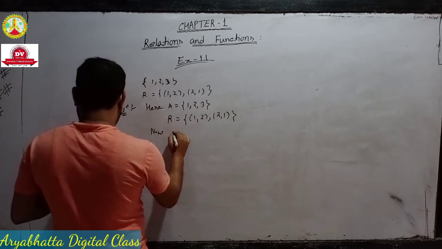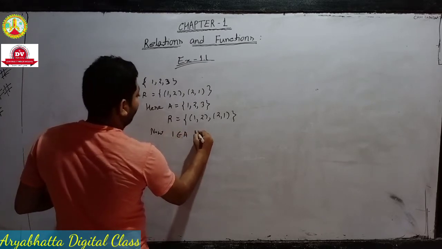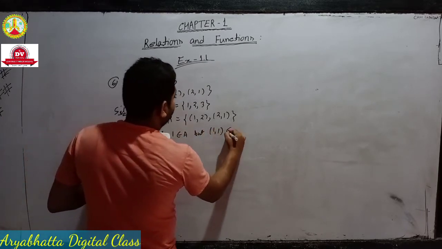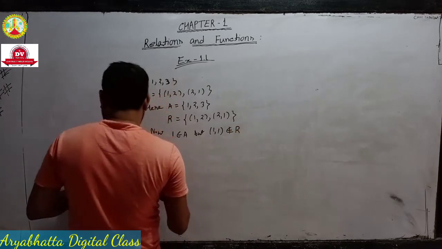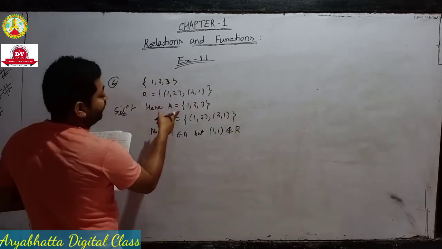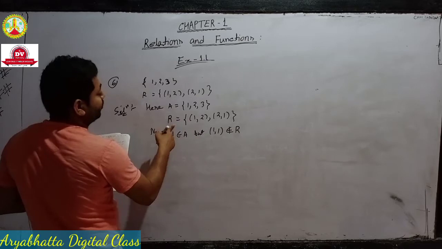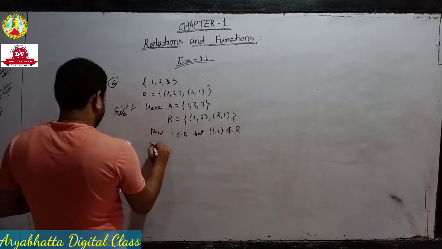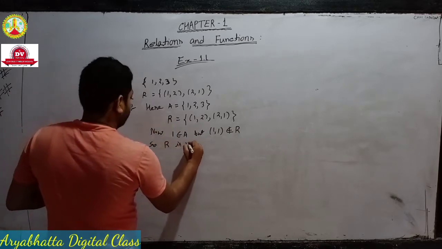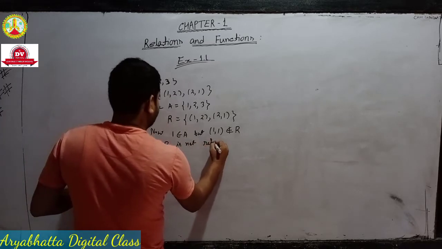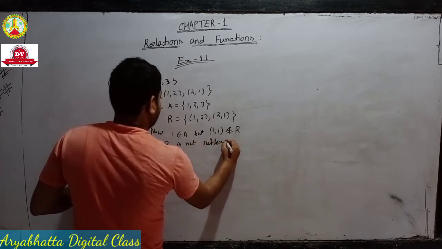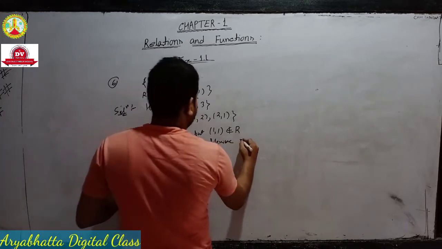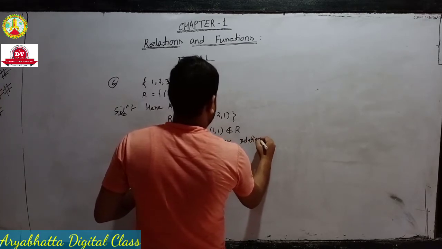Now 1 belongs to A, but (1,1) does not belong to R. Therefore 1 is an element of the set A, but (1,1) does not belong to the relation R. So R is not a reflexive relation.